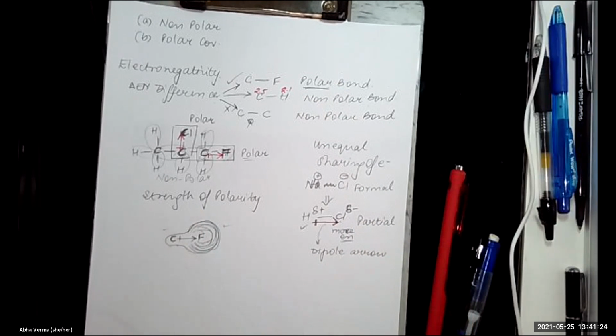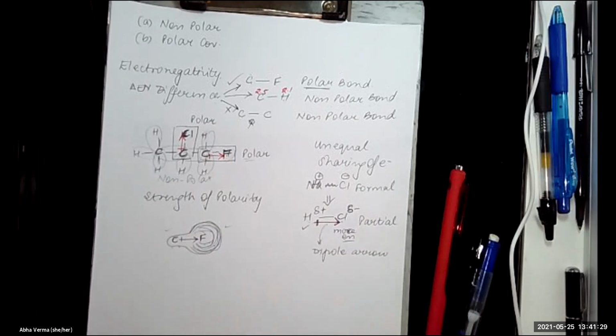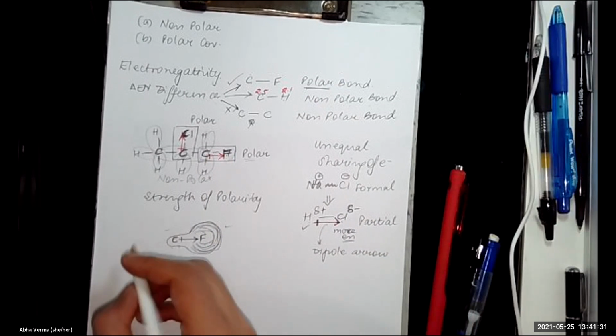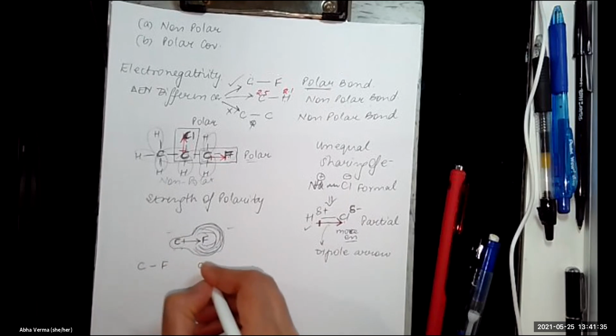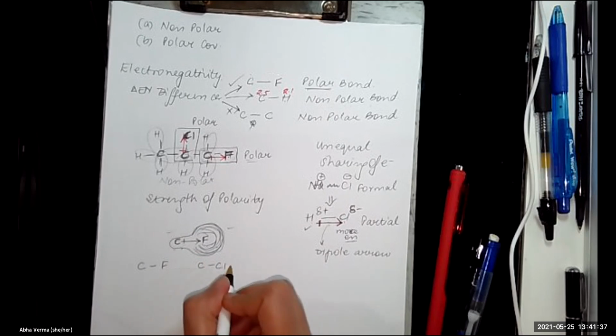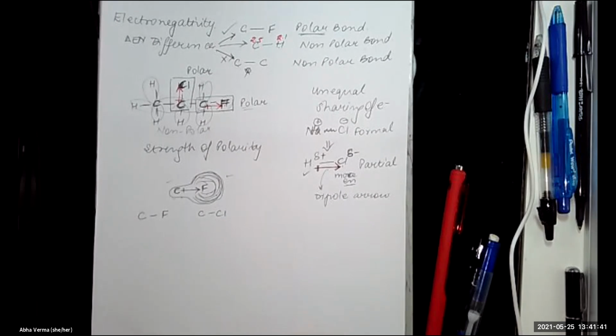How do you figure out the strength? The more electronegative the element is, the more polar that bond will be. So if I have to compare a CF and a CCl, which will be more polar in nature? Elizabeth?